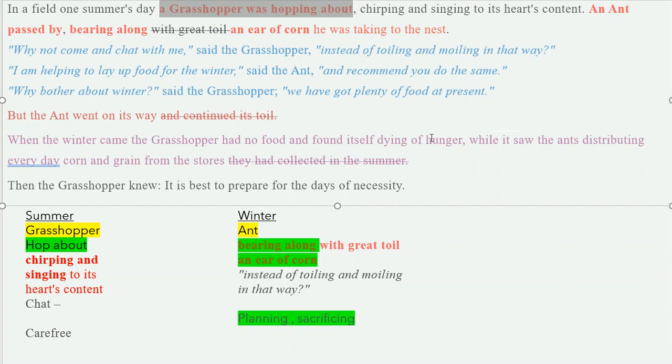We have to add some more words in order for the text to communicate the feeling of summer, and as a result, the difficulty that summer presents. Because who wants to work on a beautiful summer's day? Everybody wants to relax, right? So we needed to communicate the joy and the relaxation, so that you could actually appreciate how hard the ant was working.